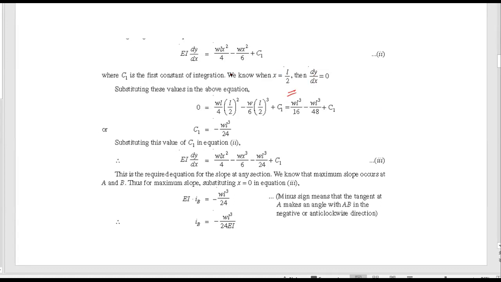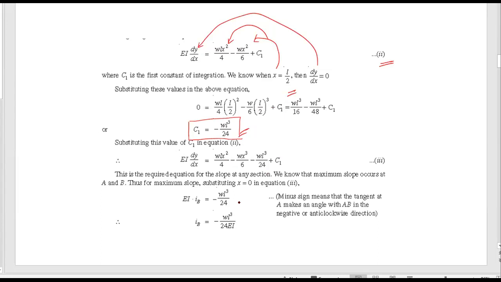Substituting in equation 2 to find the C1 value, with x equal to L by 2 and dy by dx equal to 0, we get C1 as negative small w L cube by 24. Then we substitute the C1 value in equation 2.